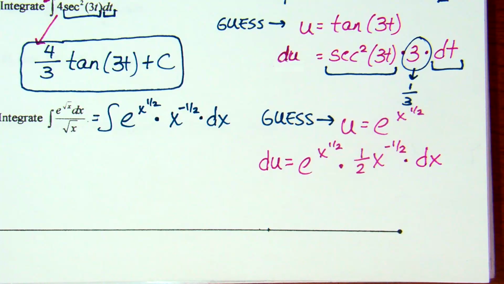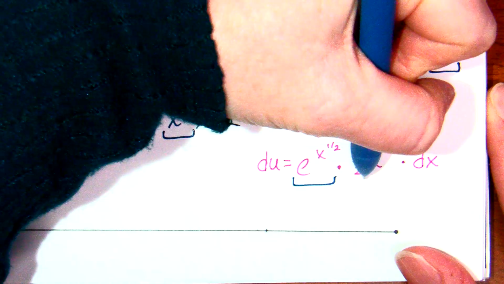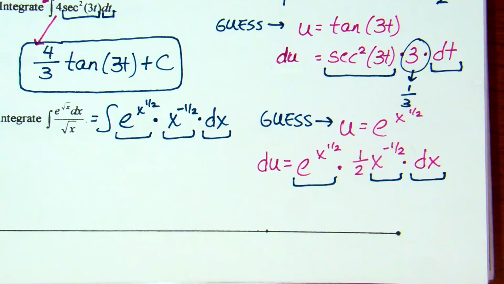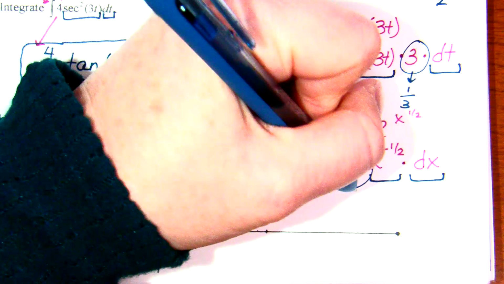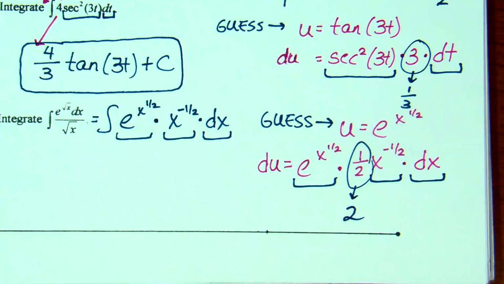So what matches? E to the x to the 1/2 matches, x to the negative 1/2 matches, and dx matches. What doesn't match? The 1/2. How do I compensate for a 1/2? You multiply by a reciprocal of 2.